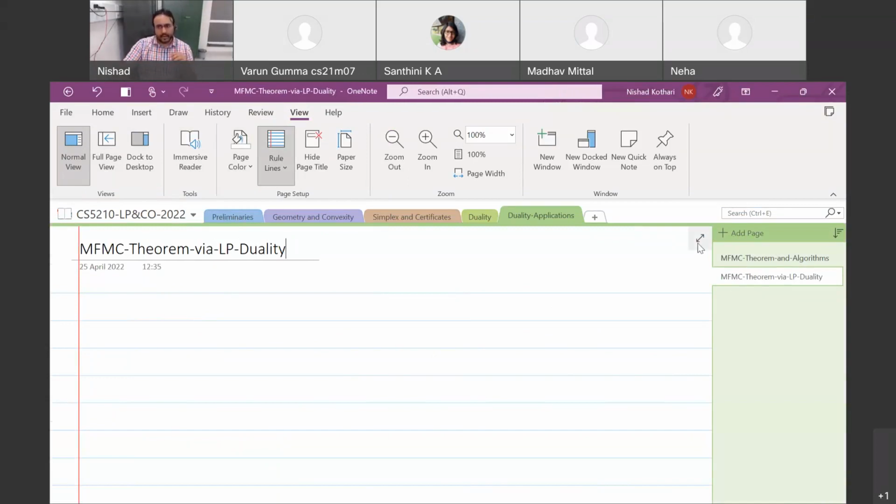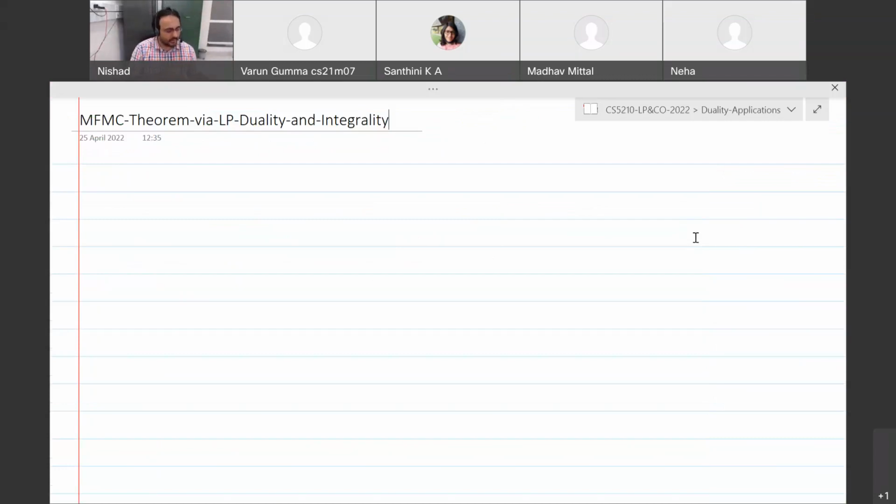We will also have to use integrality and everything, so a lot of things will come together, and we will prove the max flow min cut theorem using not just duality but also integrality, so totally unimodular matrices. This is similar to one of your assignment 5 problems, where you will be proving the Koenig-Egervary theorem using LP duality and integrality concepts. Are there any questions or concerns before we start on this journey?